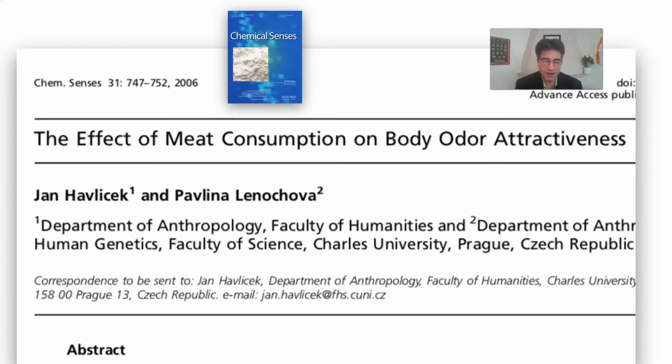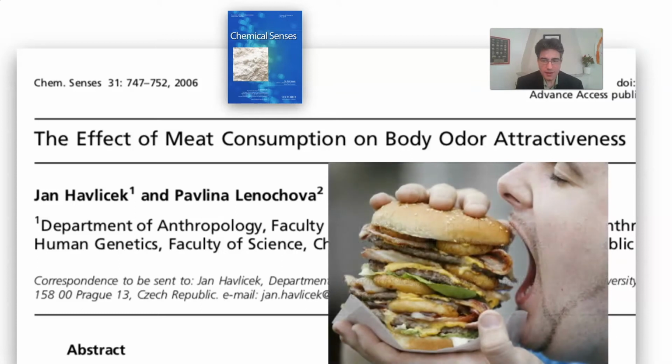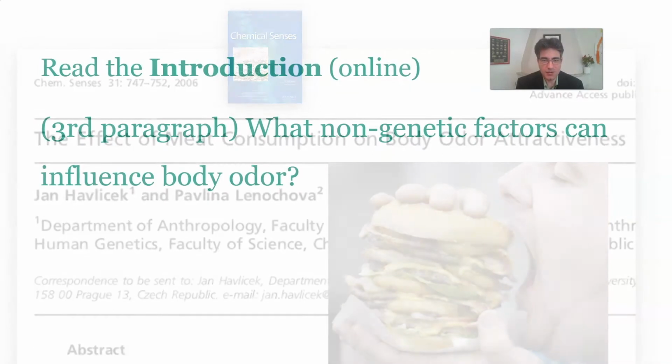I don't know why in the method section I've been so obsessed with deodorant and body odor. I guess because it's something that everybody can sort of relate to on some level. And so in this journal of chemical senses, there was this study which caught my attention. And certainly, if you're a meat eater, you want to pay attention. Maybe also if you don't eat meat, then maybe you'd be interested to know this as well.